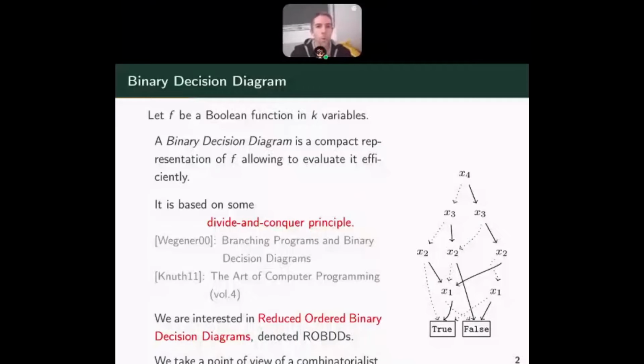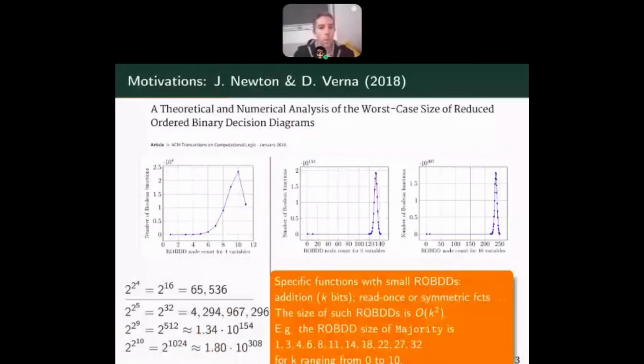The first motivation of this talk is related to a paper by Newton and Verna 2 years ago, who were interested in the worst case size of ROBDDs for a given function, for functions of a given number of variables.